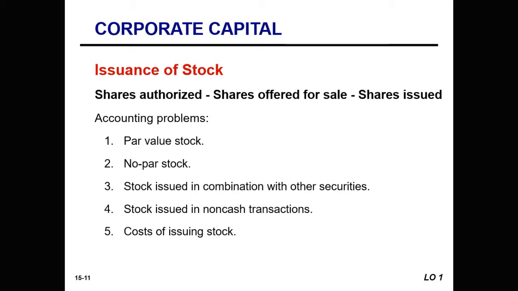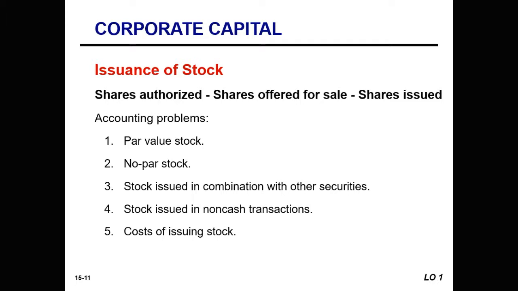The amount of shares that you can offer is defined in your state charter. Those are called shares authorized. Then you would have your shares offered for sale. You don't have to offer for sale all of your authorized shares right out of the gate. Most companies do not do that.